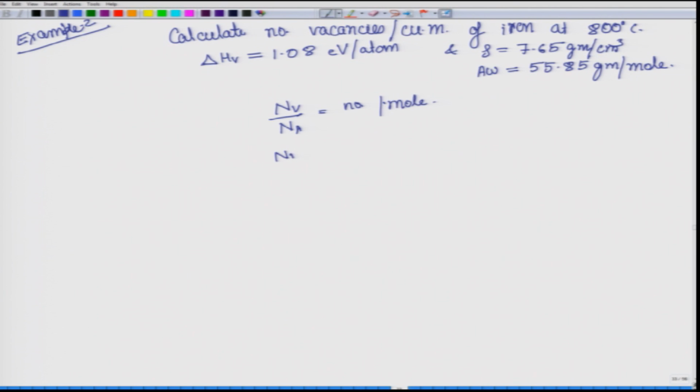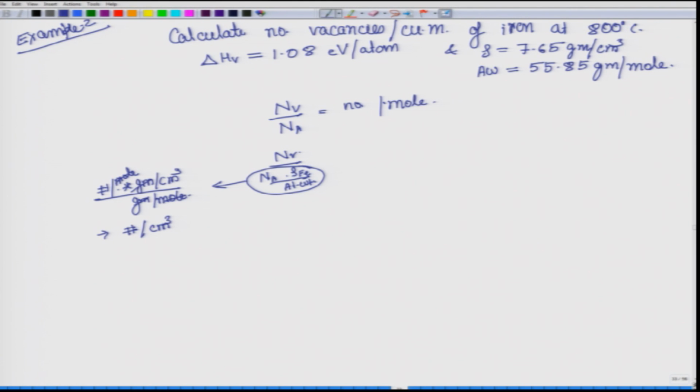Now, if you multiply Na, which is the Avogadro number, with rho and divide by the atomic weight, then look at the units: Na is number per mole, the atomic weight is gram per mole, and the density is gram per centimeter cube. So, mole gets cancelled, gram gets cancelled, and the unit becomes number per centimeter cube.